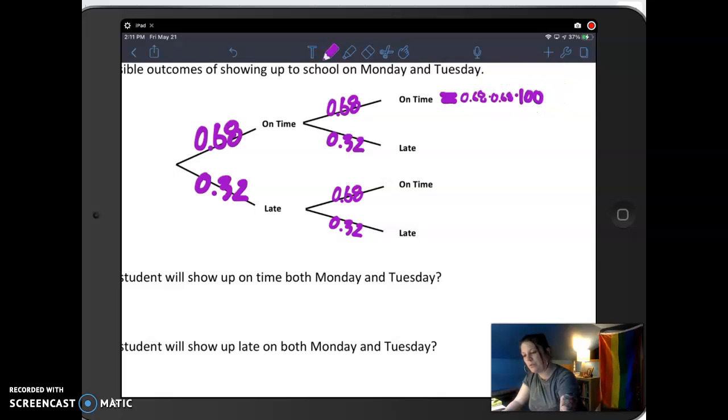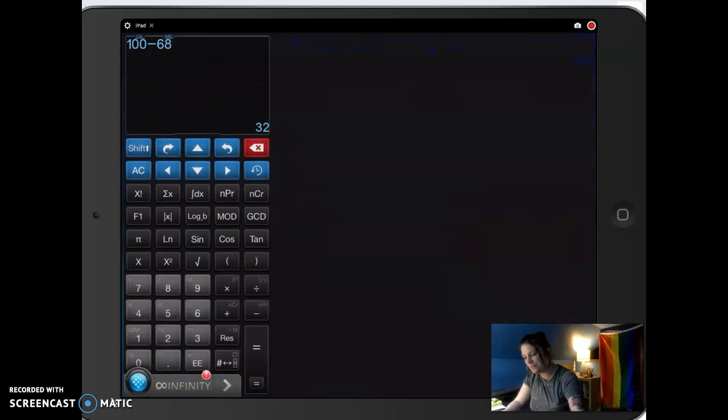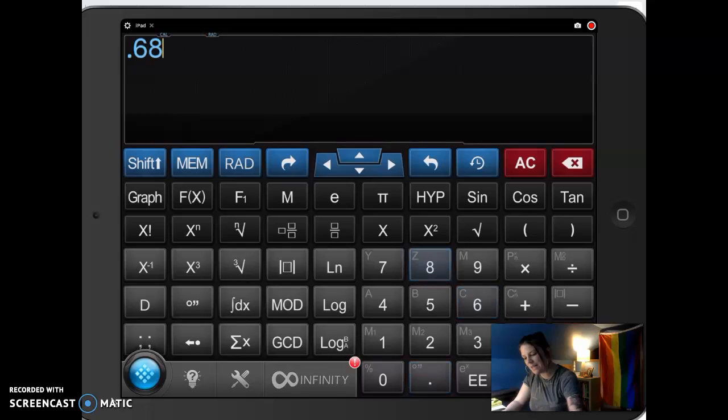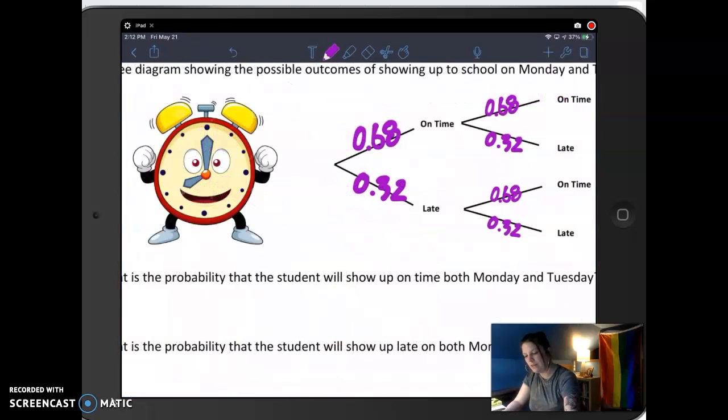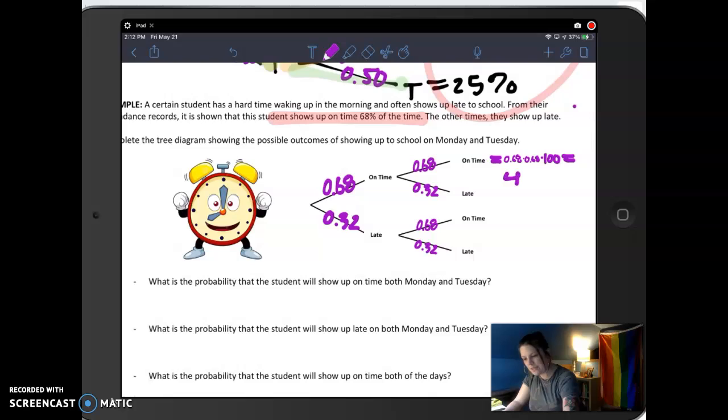And then we can put that into our calculator and find our final answer here. So 0.68 times 0.68 times 100, 46.24. So we got 46.24%. Gonna make that so tiny. Want to make this fit right there.